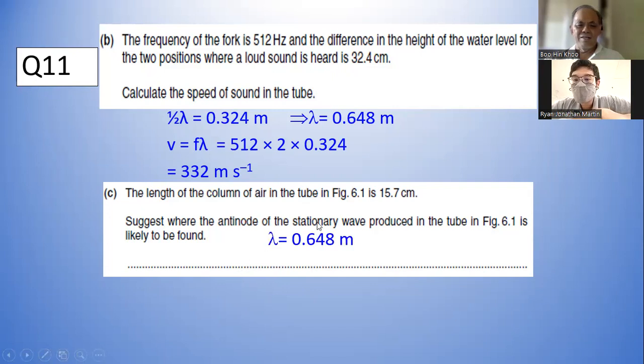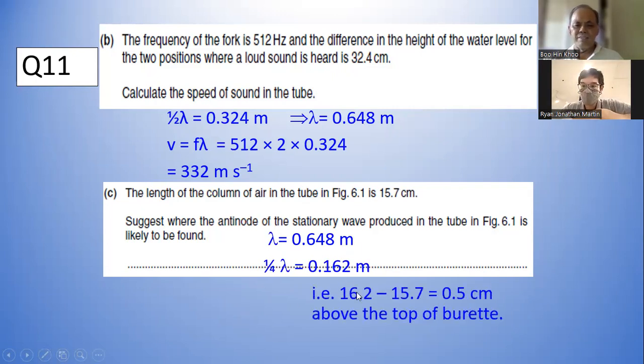Lambda is 0.648, and the first mode is a quarter of it, so 16.2 minus 15.7 is 0.5. So the antinode is 0.5 cm above the top of the tube. This is 2006. Remember, this is your L1.